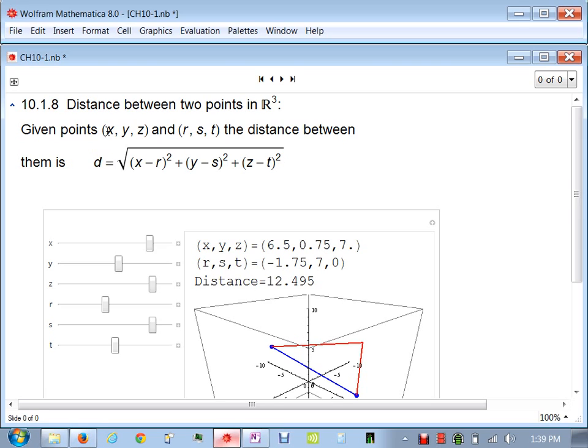Your second point is r, s, t, some other point. The distance between them is d equals square root of x minus r squared plus y minus s squared plus z minus t squared. So it's the difference of the x coordinates squared plus the difference of the y coordinates squared plus the difference of the z coordinates squared, square root.